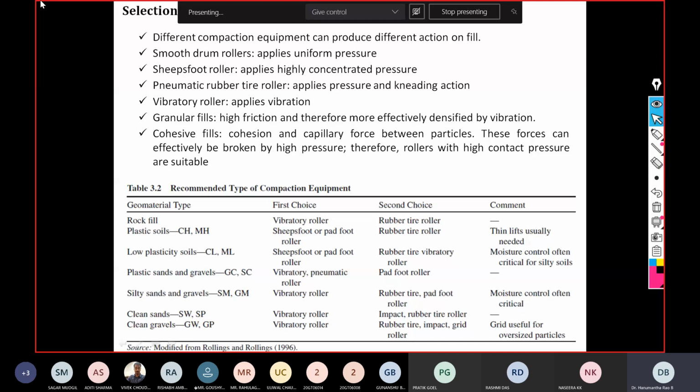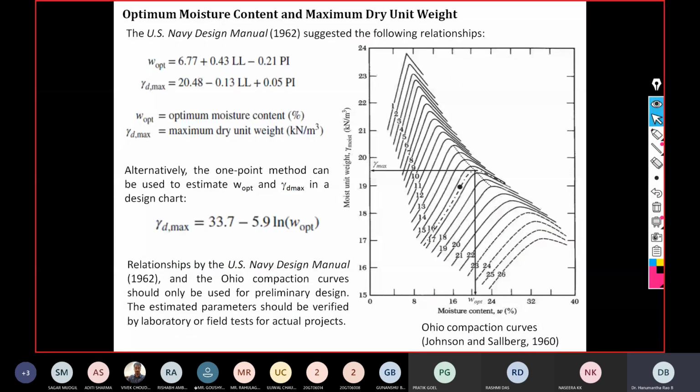Now, whatever gamma d you are determining in the field, the same gamma d value must be superimposed on this set of compaction curves. And whichever compaction curve it falls on, that typically represents the soil type that you have borrowed from the field. So that's what this 1-point method is.